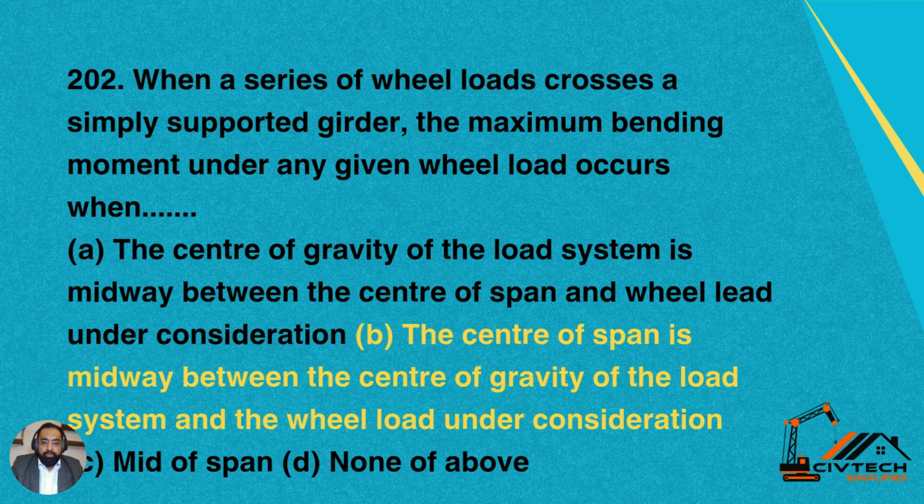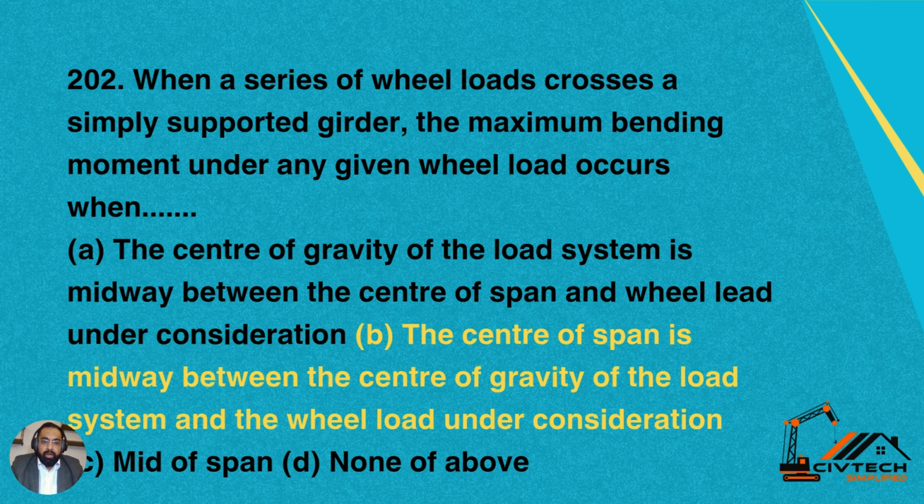Option B, the center of span is midway between the center of gravity of the load system and V load under consideration. Option C, mid of the span. Option D, none of the above.